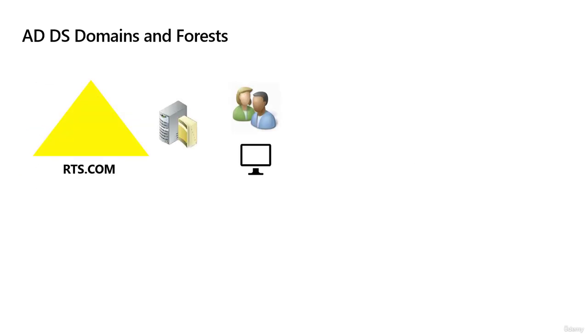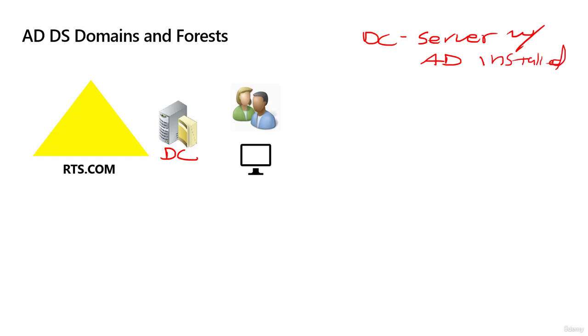The way this is designed, you have your domain controller. I'm just going to put DC, and as we said, DC is just the server with, I'm going to say AD for Active Directory, installed. So you install Active Directory on this server and it now becomes your domain controller.